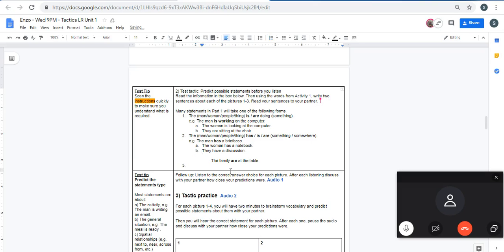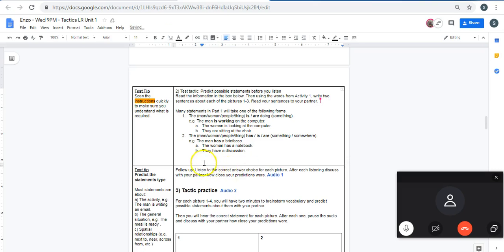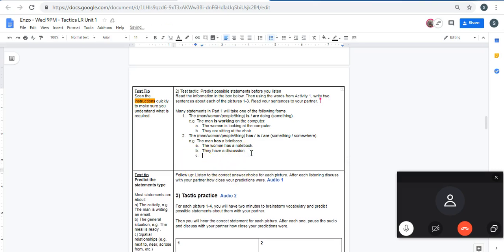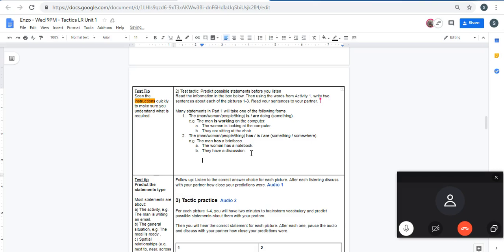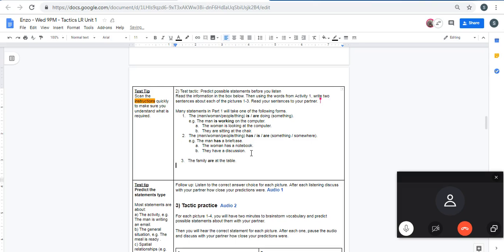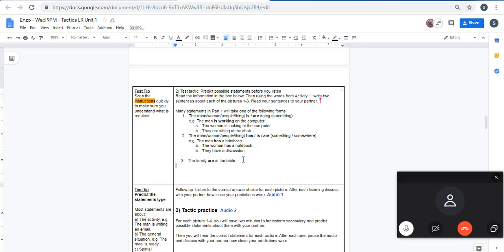And lastly, that's for picture 3. Okay, picture 3. So this is the example, right? They are eating their meal.